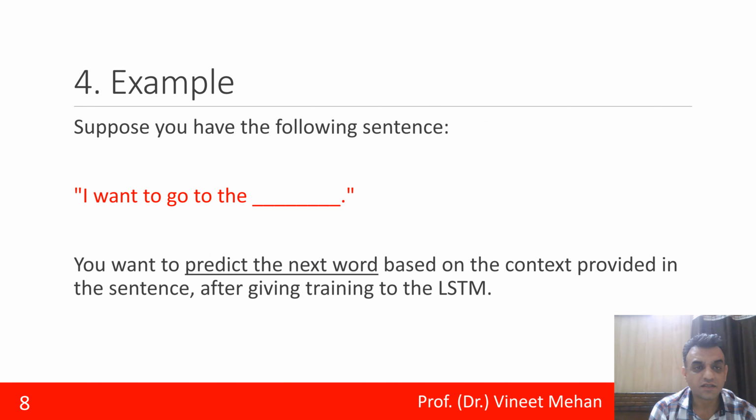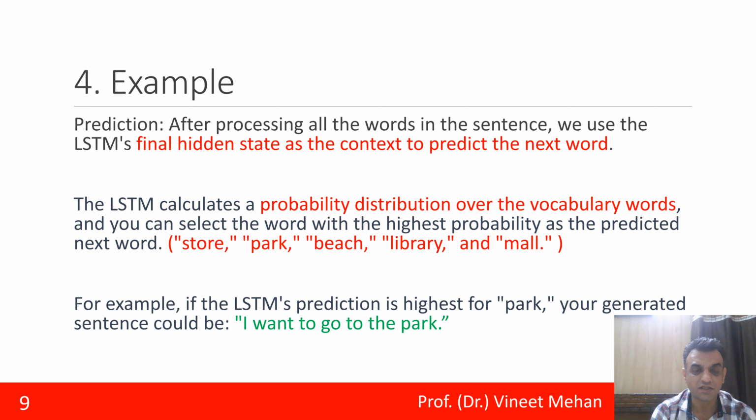Now let us take this example where the sentence is "I want to go to the dash." We have to predict the next word in the sequence. Now for this, first of all, we need to give training to LSTM, and after we give training to LSTM, the probability distribution can be generated for different words, where we can have words like store, park, beach, library, or mall.